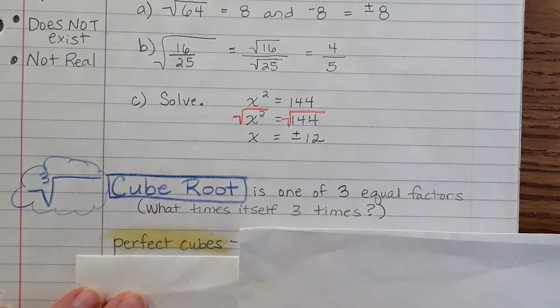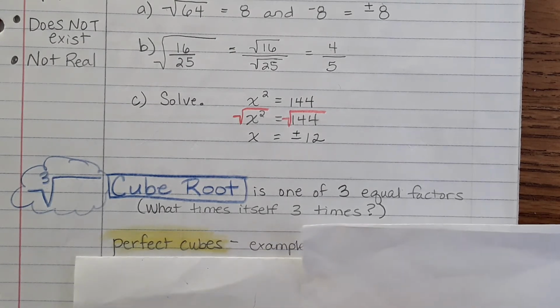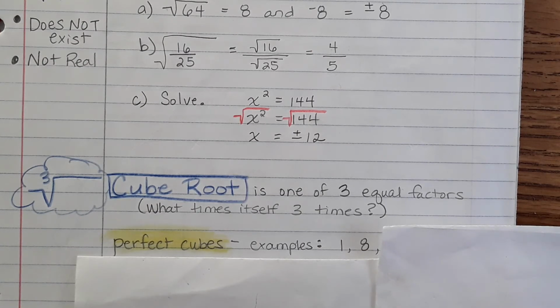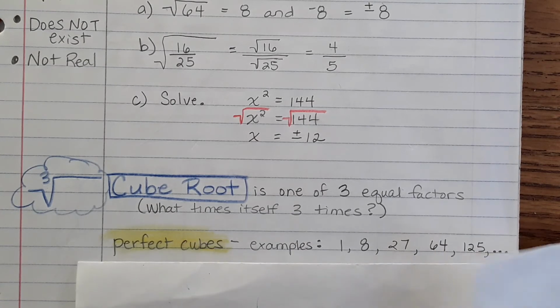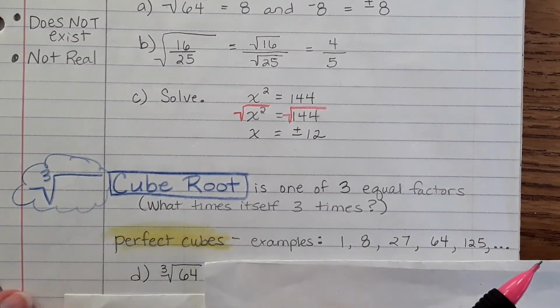Perfect cubes are the number times itself 3 times. So 1 times 1 times 1, or 1. 2 times 2 times 2, or 8. 3 times 3 times 3, or 27, and so on. I can continue going on. Let's look at some examples.